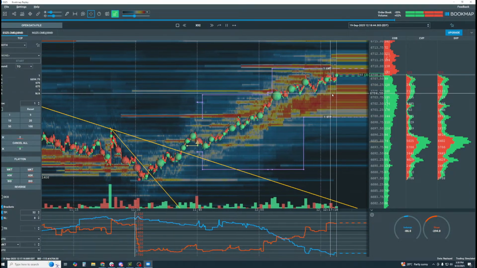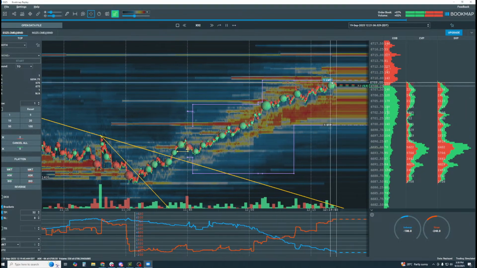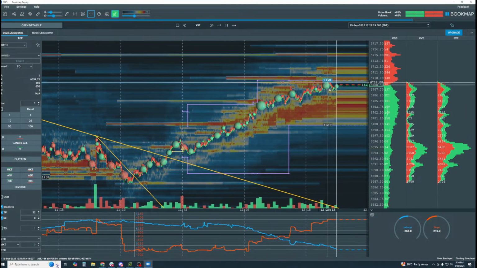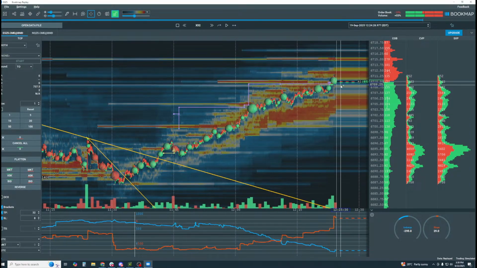And let's see. Okay, just about there, and there we're filled. So that's one trade example.